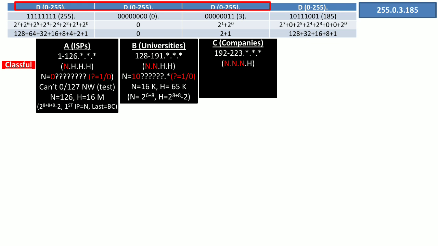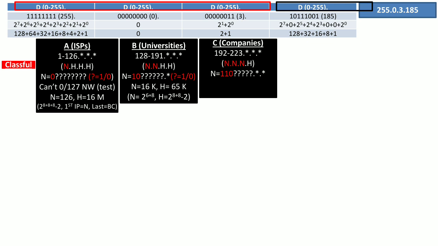So if you see a value in the first three octets, it represents the network address of that particular IP. And the value in the last octet would be the IP address of an endpoint or a host in that particular network.